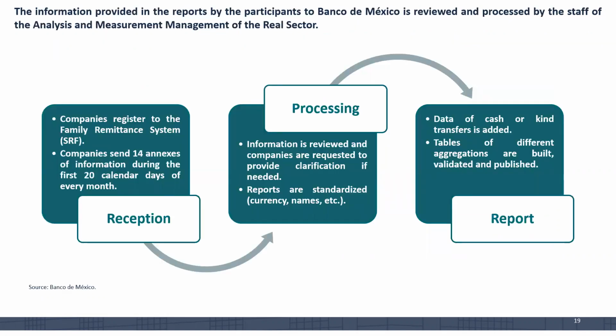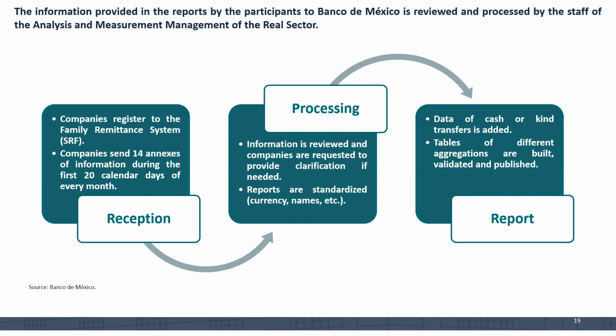Well, according to this new regulation, companies have to register in the family remittance system, which allows safeguarding the information reports sent by companies and constitutes an international repository. Participants in the fund transfer business have up to 20 calendar days to send the reports of the remittances transferred during the previous month. This report consists of 14 annexes.